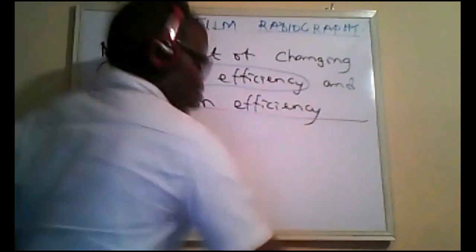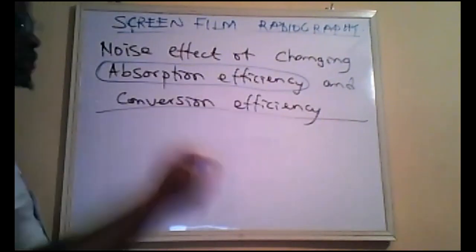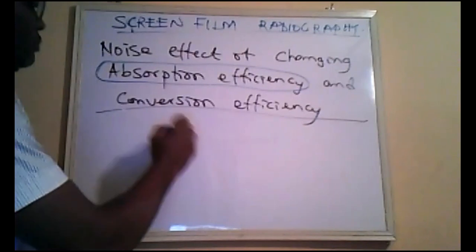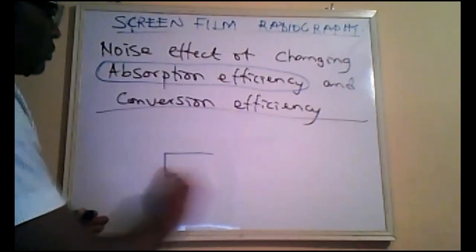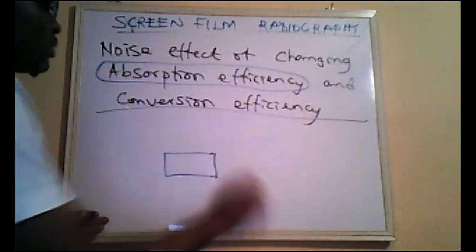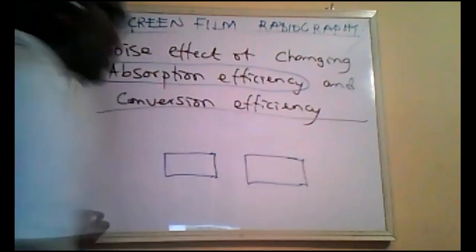How are we going to quantify the noise by changing the conversion efficiency for a particular screen? Of course, let's use the same.